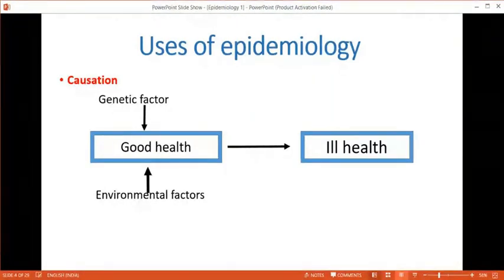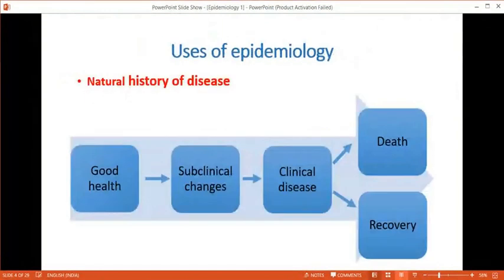Okay. And the next will be the natural history of disease. This natural history of disease is how the disease starts from good health, how it influences a person, and what happens till the end. We'll take cancer here as an example. When a person is diagnosed with cancer, it would have already gone through some stages. Some may be in the early stages, some in the late stages.